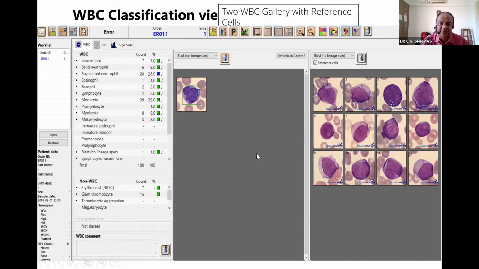So this is from the library here on the right-hand side. This is the CellaVision library. And on your left-hand side, in the left-hand column, you have the cells that have been characterized. So there is a picture matching program, which gives you a clear idea whether we are near to it, or it may be an atypical cell, which we have to classify as a blast cell or a non-blast cell itself.